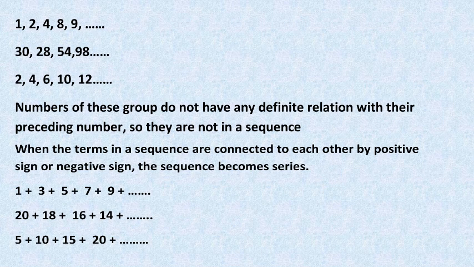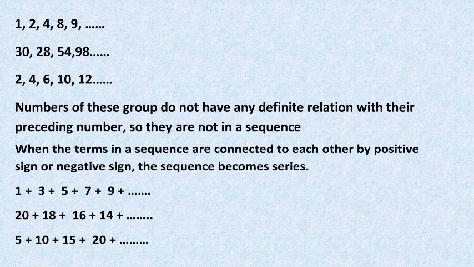1, 2, 4, 8, 9, 30, 28, 54, 98, 2, 4, 6, 10, 12. They are also groups of numbers, but they do not have any definite relation with their preceding term. So they are not in a sequence. Consider the next example.